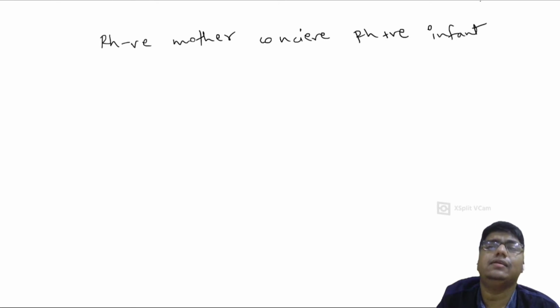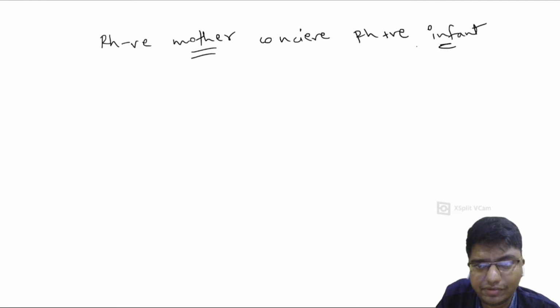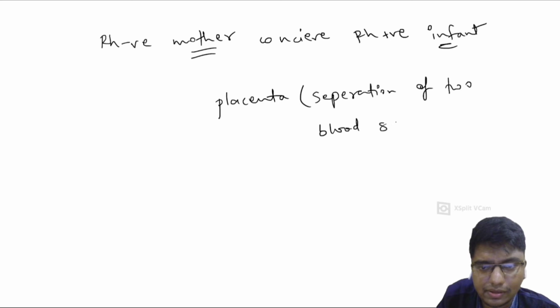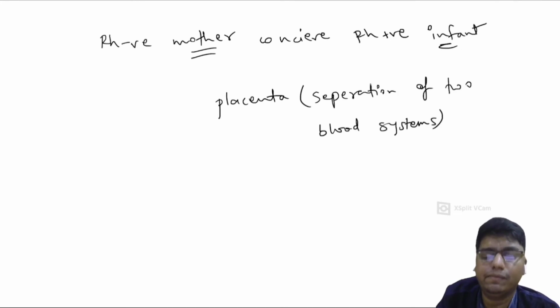So there is a risk. First of all, the two blood systems of mother and infant are separated by the placenta. We know what the placenta does: separation of two blood systems. So there is no mixing of the two bloods, Rh negative and Rh positive.